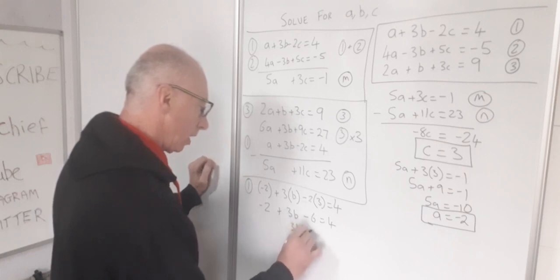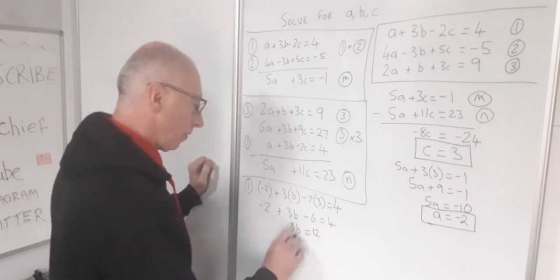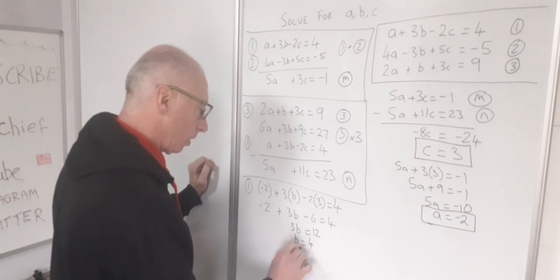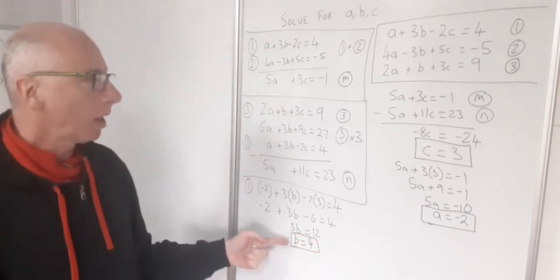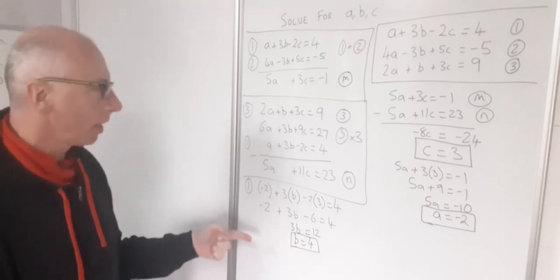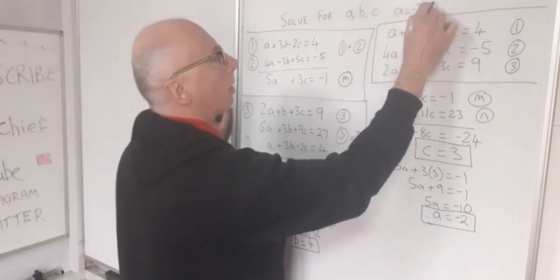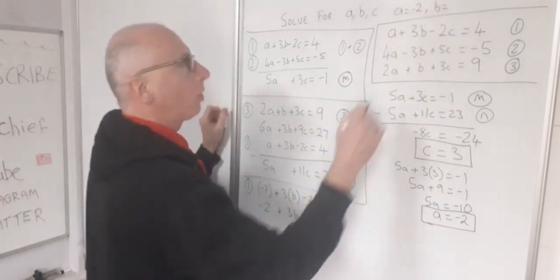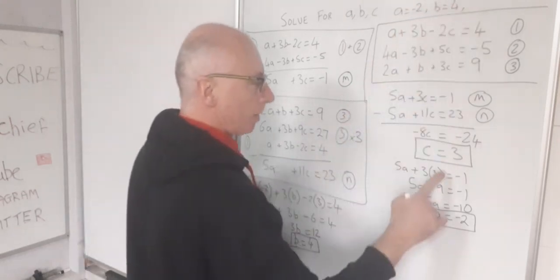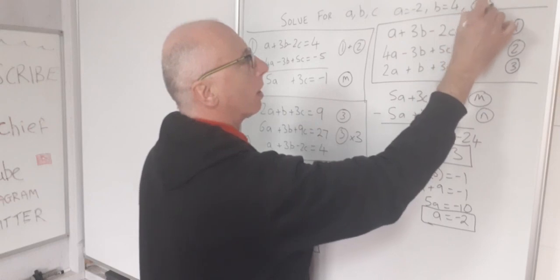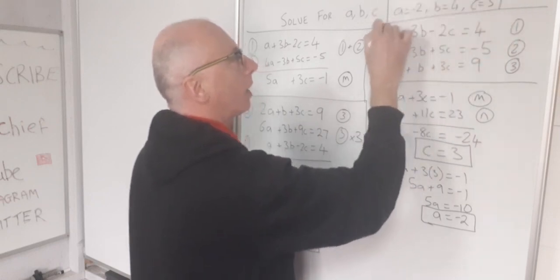So 3b equals 12. So therefore b equals 4. And that will give me my 3 variables as required. So a equals minus 2, b equals 4, and c equals 3. And that would be a good place to stop.